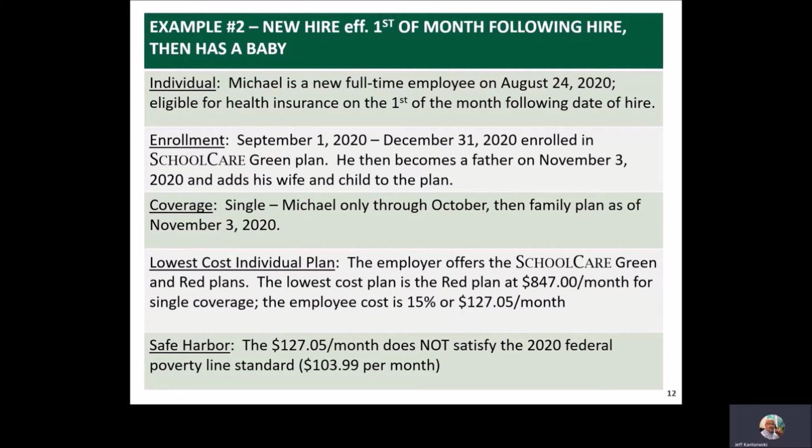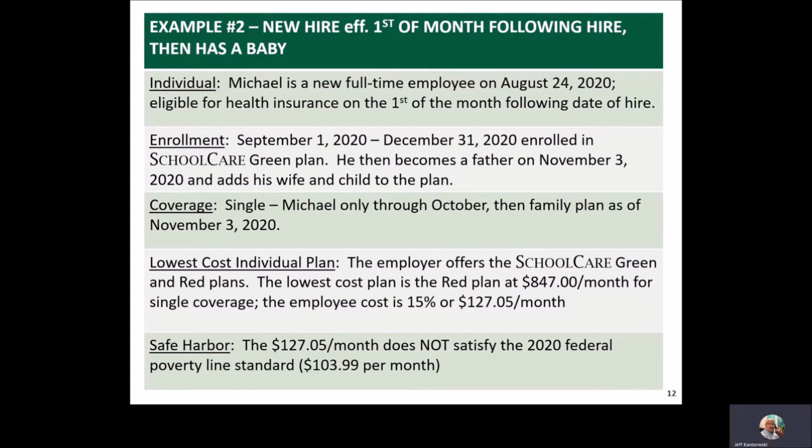The employer offers the green and red plans. The lowest cost plan is the red plan at $847 per month for single coverage. The employee cost share is 15% or $127.05.